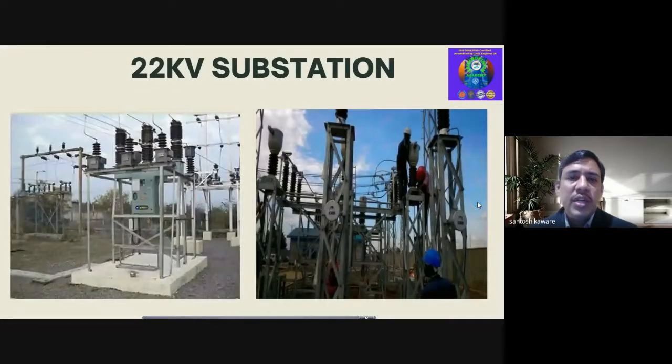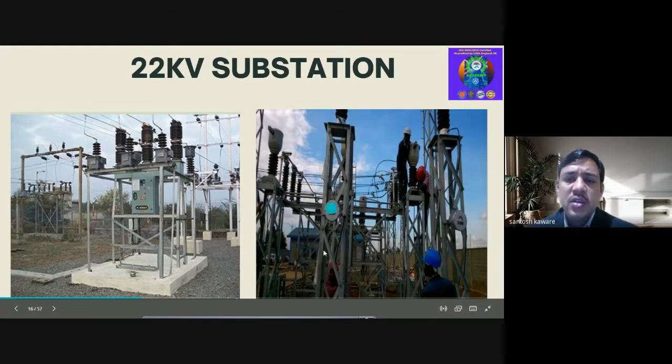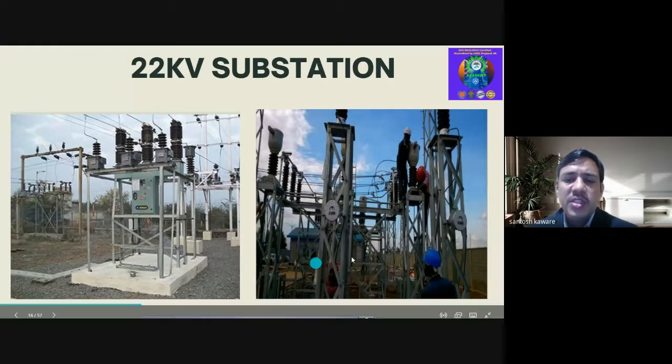Now we will take the idea about a 22 kV substation, which we can treat as a high voltage substation. In a high voltage substation, generally the clearances are less, as it is a lower voltage level, but still all equipment is there.